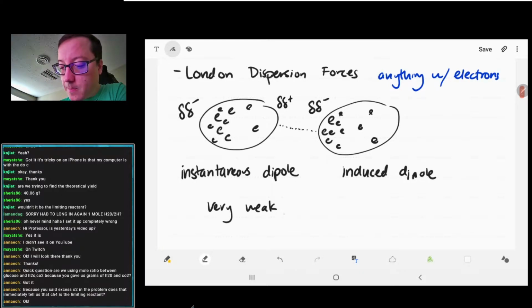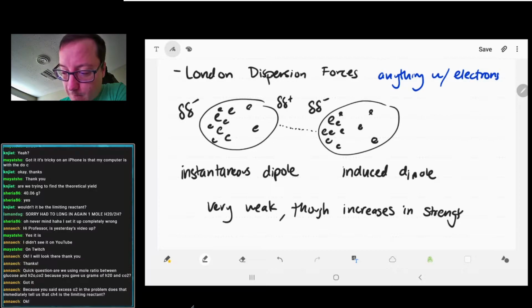Though it increases in strength with more electrons. So the more electrons you have, the stronger this force becomes. You're going to see that this is what hydrocarbons mostly do.